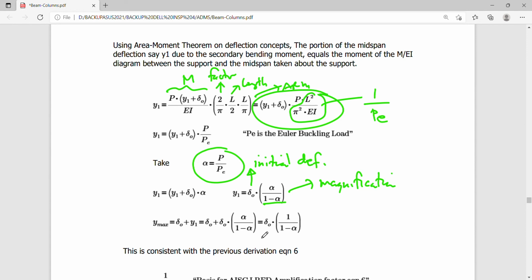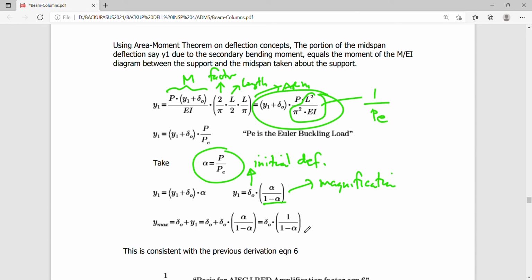So y maximum is simply equal to delta O plus y1 at that particular point, normally at the center or almost the center. So this is delta O plus y1, which is delta O multiplied by alpha over 1 minus alpha.